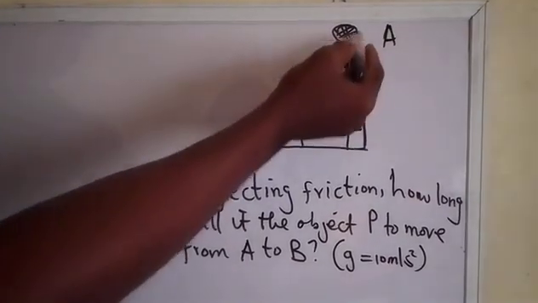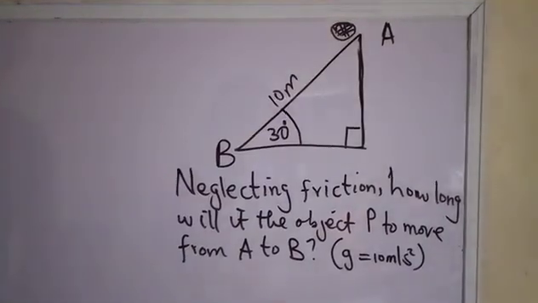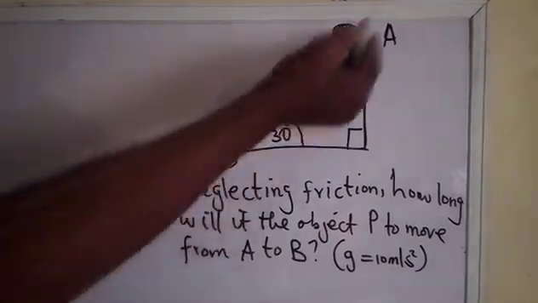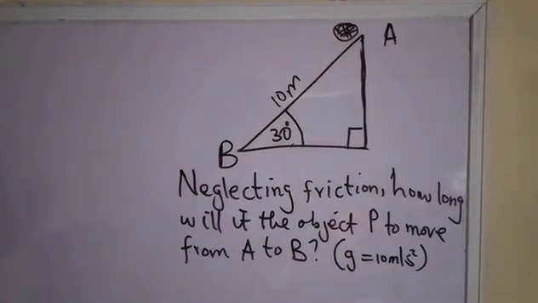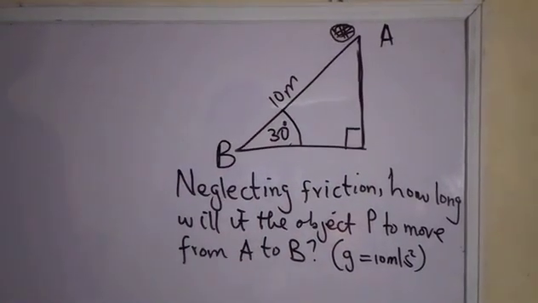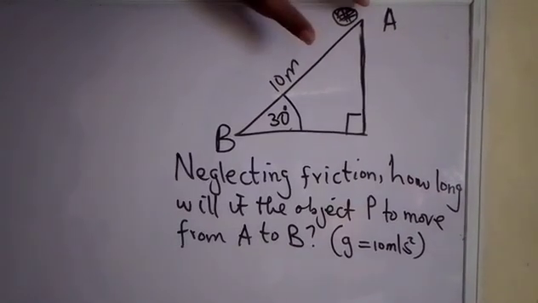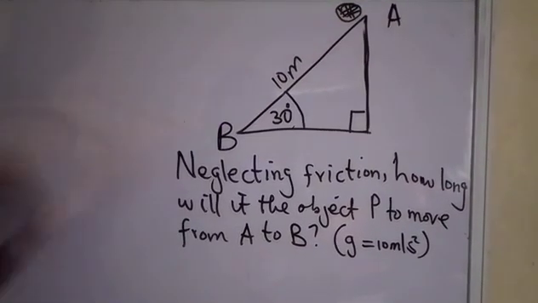The distance from A to B is 10 meters, and this inclined plane is inclined at 30 degrees to the horizontal. We're asked to find how long it will take to move from A to B.